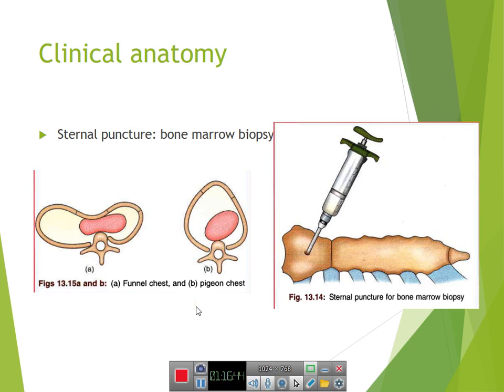For cardiac surgery, the manubrium and/or body of sternum needs to be split in the midline, and the incision is closed with stainless steel wires. Sternum is protected from injury by attachment of elastic costal cartilage.